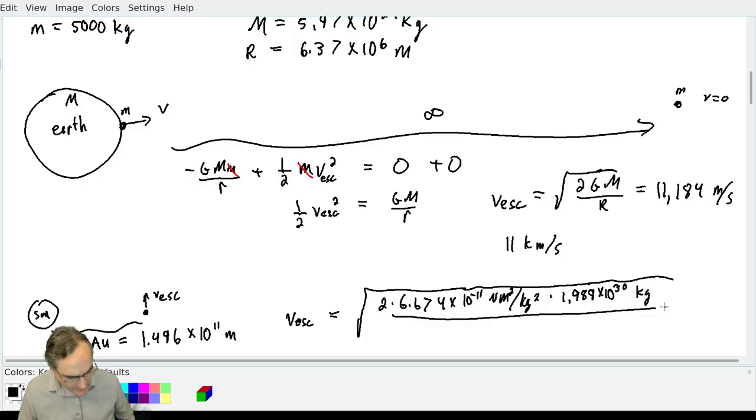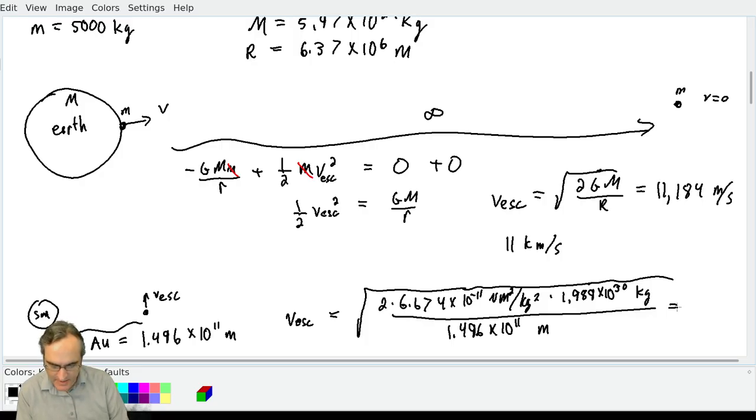And then we'll divide by this distance, 1 AU, the mean Earth-Sun distance, 1.496 times 10 to the 11 meters, and we should get the escape speed from the solar system, which I believe is around 30 kilometers per second. So let's find out. 6.674, 10 to the minus 11, 1.989, 10 to the 30th, divide by 1.496, 10 to the 11th. I missed a 1 in my 10 to the 11th.